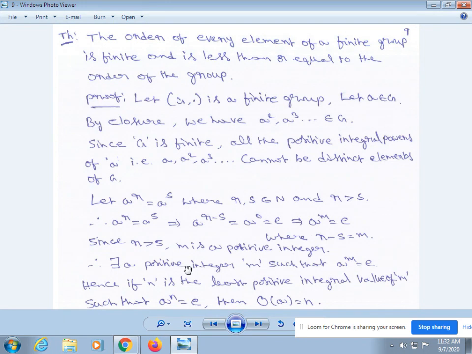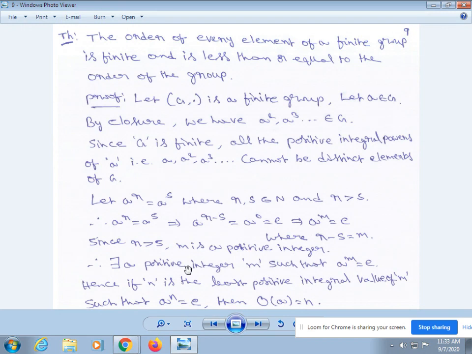Let a power r equal a power s, where r, s belong to N and r is greater than s. Therefore, a power r equals a power s. That can be written as a power r minus s equals a power 0, and a power 0 is nothing but e. That implies a power m equals e, where r minus s equals m.